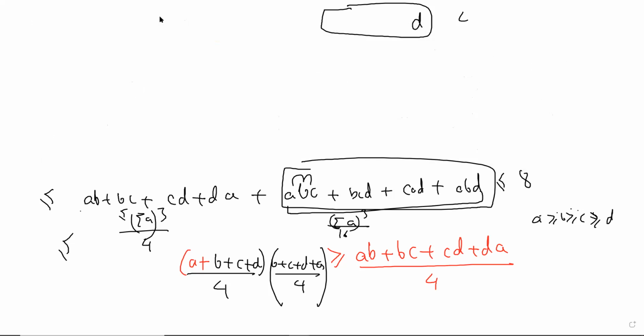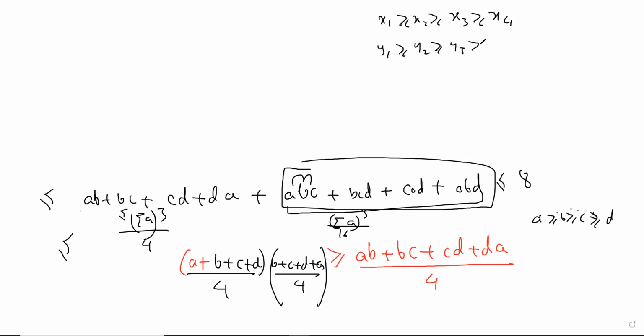This is what I'm talking about. Then I'll show you how this is the same. If you have, let's say, a sequence x1 greater than x2 greater than x3, just take 4 terms only for the time being, it doesn't matter. And let's say you have another sequence like this.